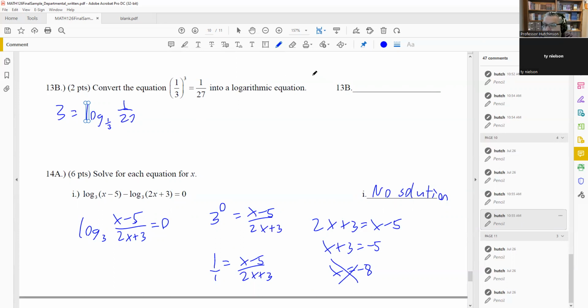You can either leave your answer like that, or if you'd like to switch it, log base 1/3 of 1/27 equals 3. If you put this into MyOpenMath, they will put these parentheses there for you. So you do have to put the parentheses around that. Otherwise, it'll say some kind of syntax error, so you do need to put the parentheses on that.